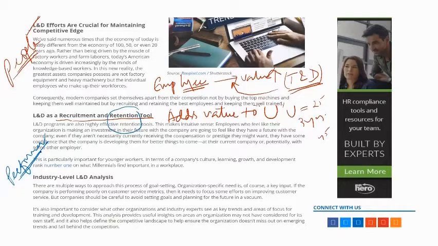So recruitment and retention, the two biggest challenges in HR to have good employees, you can meet by developing a very good training and development environment in your organization.